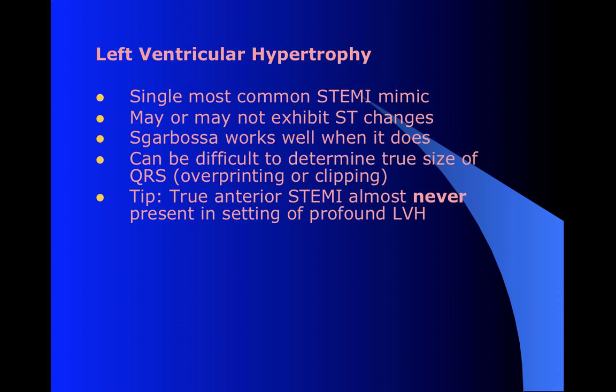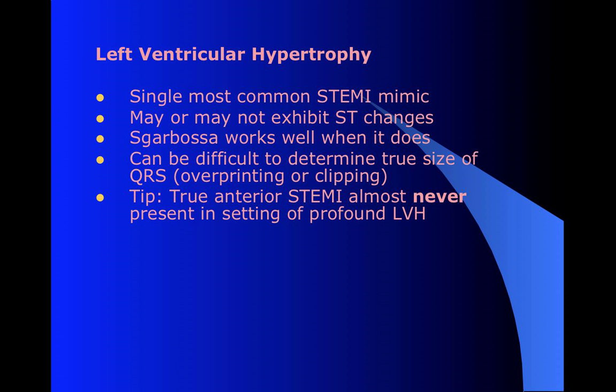Now, one useful tip here. Dr. Smith has pointed this out. A true anterior STEMI, meaning you would expect it to cause ST elevation in the anterior precordial leads, is almost never present when you also have obvious, really clear LVH on the 12 lead.